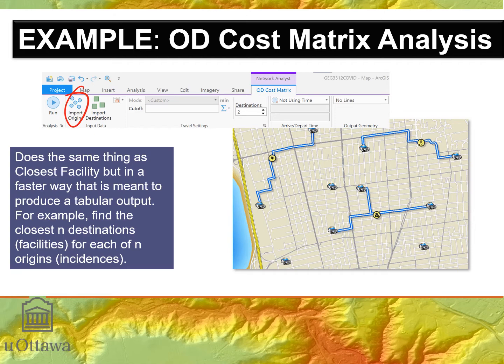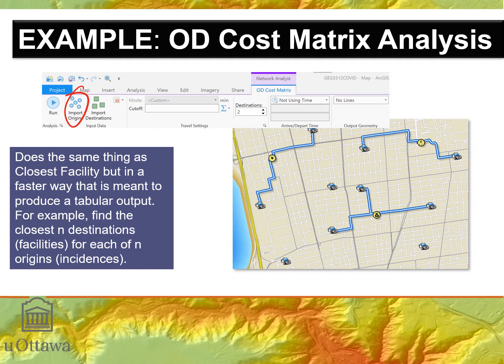The difference is that this particular analysis is meant mainly to provide tabular output, so a table of results of the closest n, that's the closest number of facilities to each of the locations, which would be called incidences in the closest facility model.